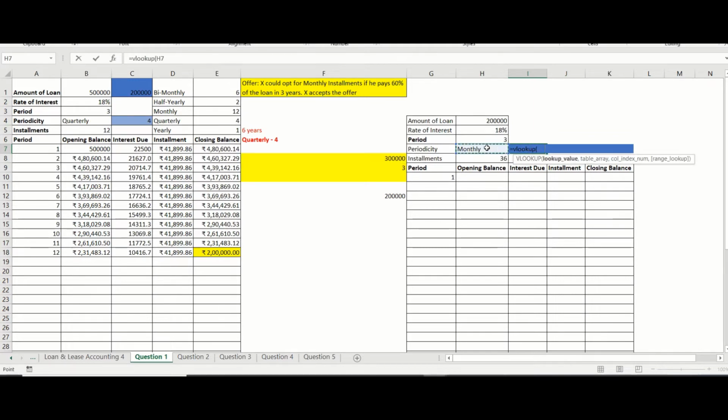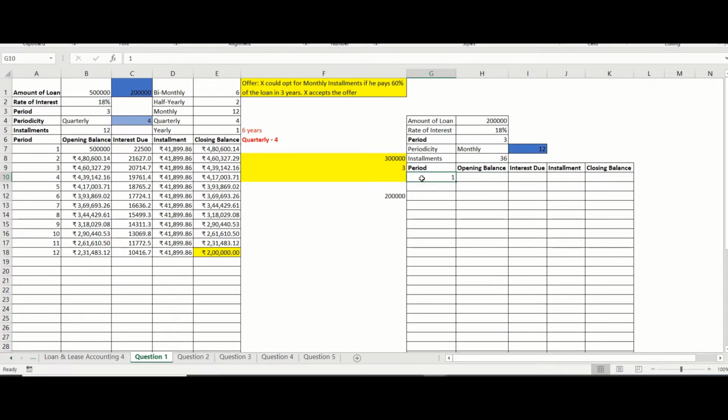My lookup value is this, and my lookup table is this. Second column to look at, and I want an exact match, right? So how many installments? Period multiplied by periodicity, 36 installments, 3 12s are 36.